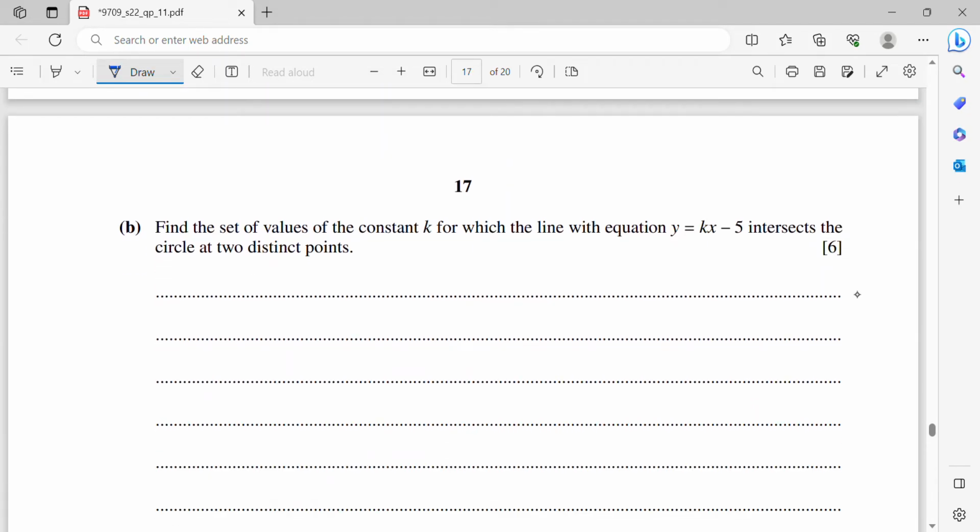Okay, now B, find the set of values of constant k for which the line with equation y equals to kx minus 5 intersects the circle at 2 distinct points. Alright, you need to find a k. Okay, so 2 distinct points means that you are getting 2 roots. So now y equals to kx plus 5. I let this be the first equation.